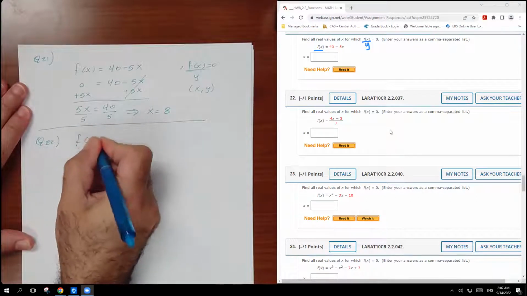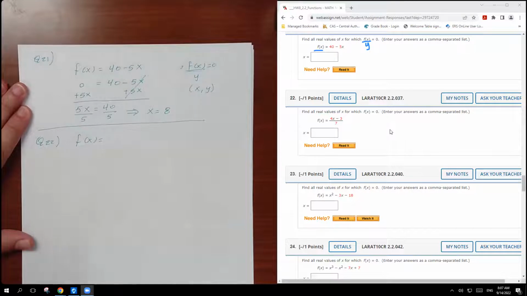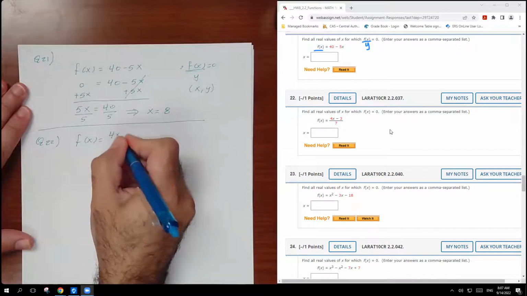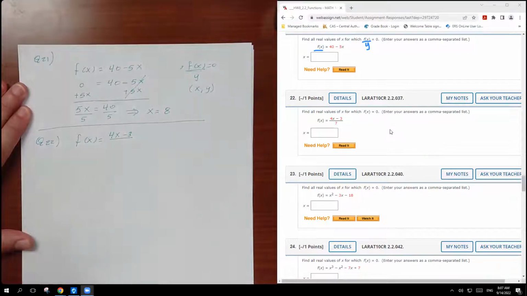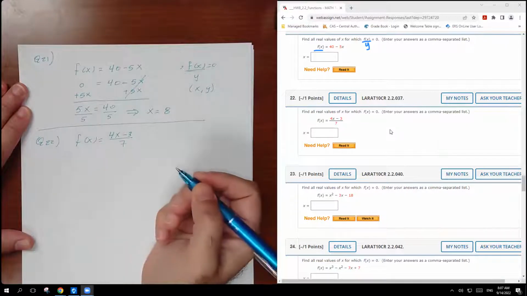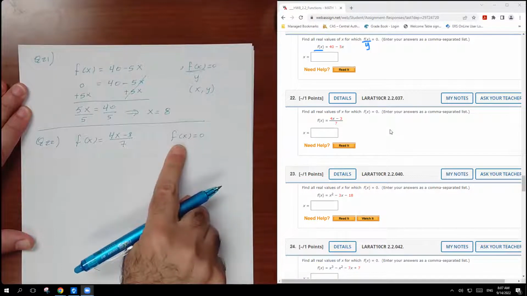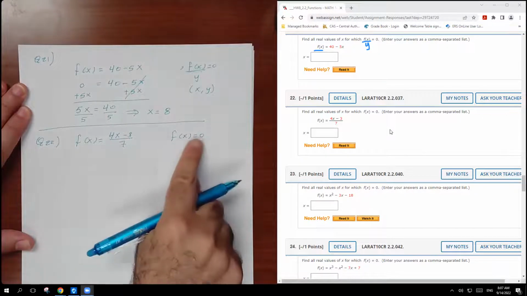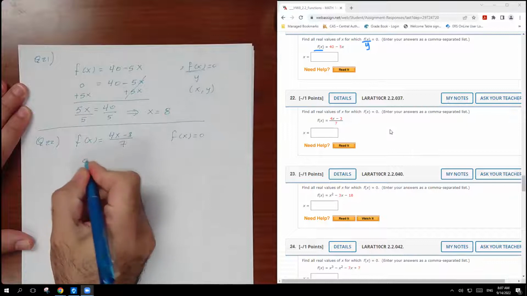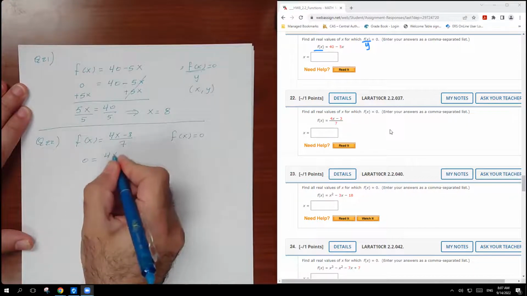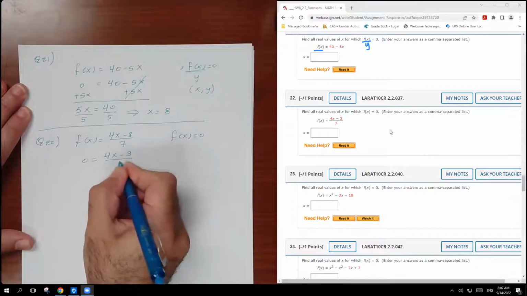You have f of x equal 4x minus 3 over 7. And they ask you find the value of x when f of x equals 0. So I'm going to plug in f of x 0 equal 4x minus 3 over 7.